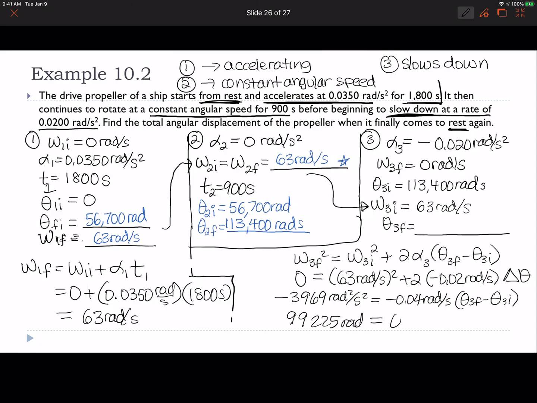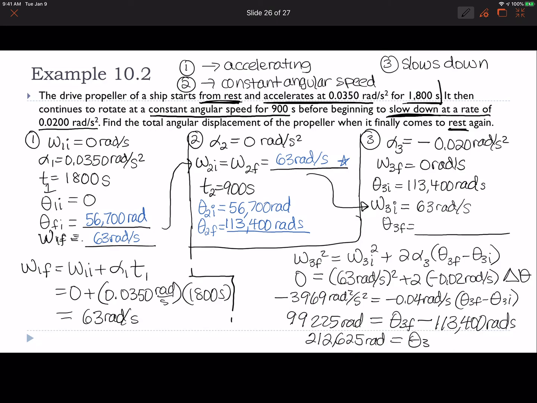And that has to equal the final angular displacement or position minus the initial. And the initial was what we left off with in motion 2, which is 113,400 radians. So if I add that to both sides, I get that the final angular position is 212,625 radians.